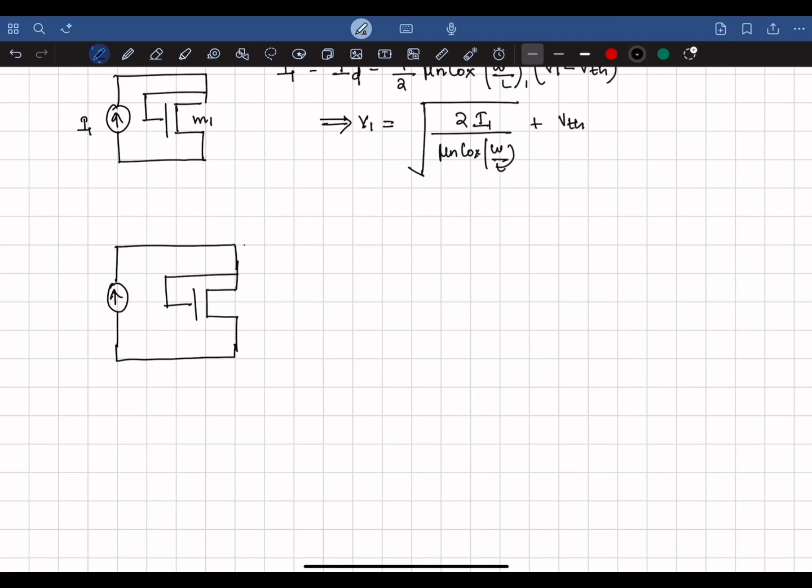And the output of this circuit is a voltage signal that I'm going to give to the gate of another NMOS transistor. Let's call this M2 and this is M1. So we're going to find out what Iout is and how Iout and I1 are related. So the voltage that will be given is V1. Let's keep that in mind.